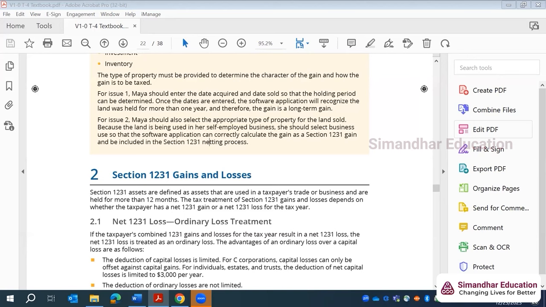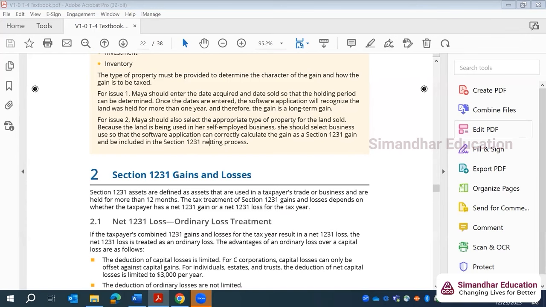Now it can be a real property and it can be a personal property. That means if a land is being used in the ordinary trade or business and you hold the land for more than a year, it is a section 1231 property. Likewise, if you have furniture which you are using for ordinary trade or business.